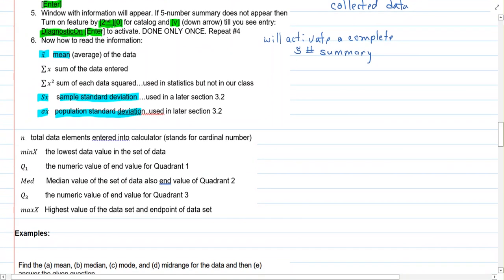Then we arrow down. And once we arrow down, then we can see the second window, which gives us the 5-number summary.